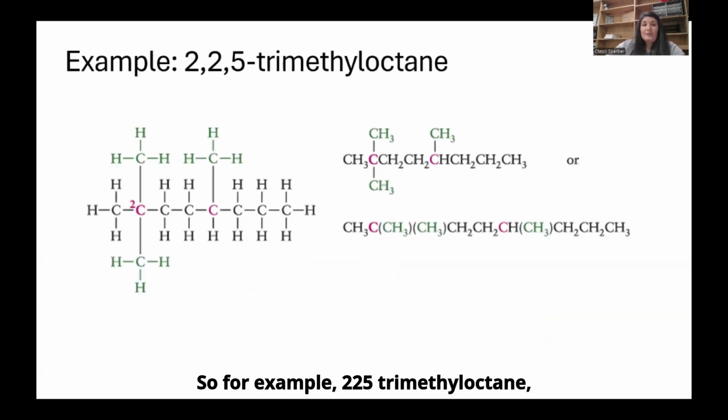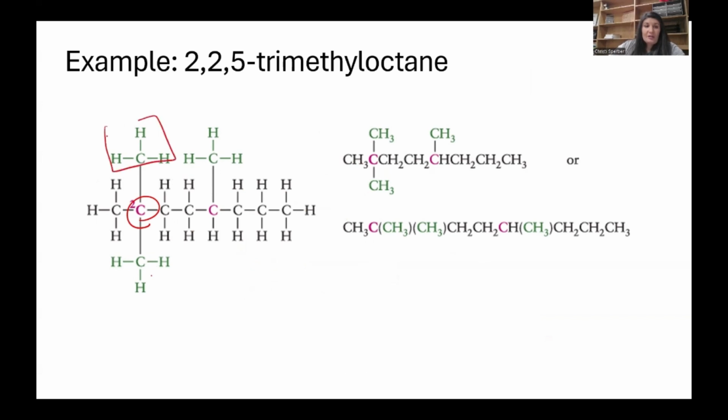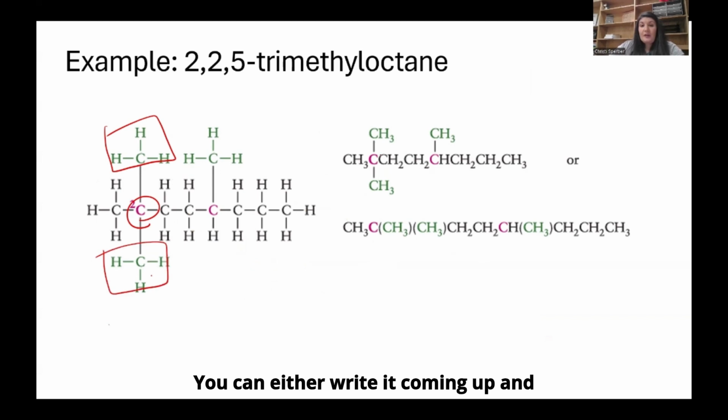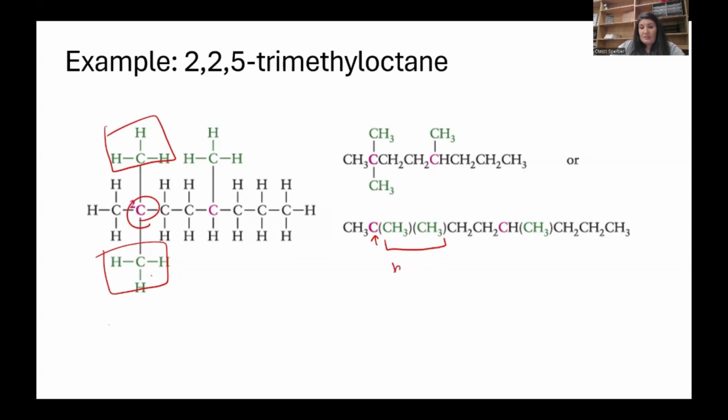So for example, 2,2,5-trimethyloctane, that's the name of this alkane. We see that at carbon 2, we have 2 methyls coming off of it, 2 CH3 groups. You can either write it coming up and down as actual branches, or you can write it as your carbon is bonded to your branches.